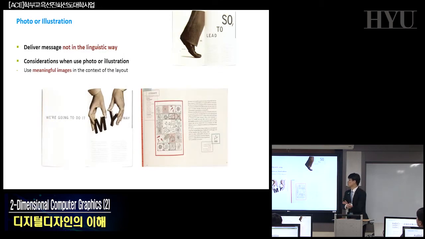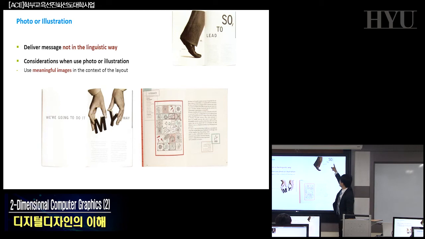Next item is photos or illustrations. Simply, they deliver messages not in a linguistic way, but in a graphic way. As an example, take a look at this picture. There is some text, so to read, something.